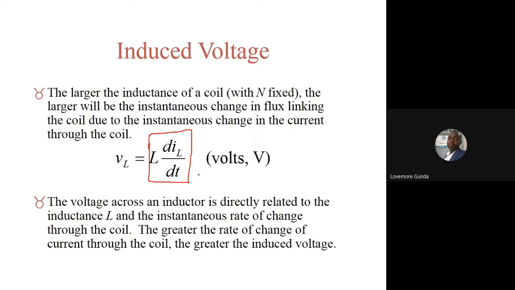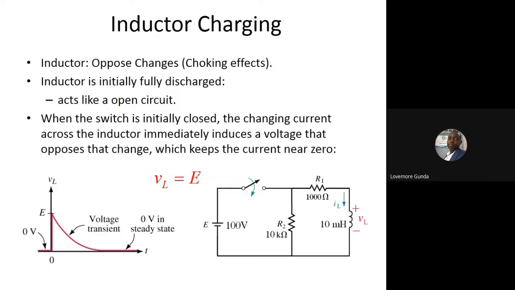So the greater the rate of change of current, the greater the induced voltage. If current changes very fast, the induced voltage is very, very large. Now, when we talk about transients, we have this steady state, the uncharged steady state of our inductor. Then we have the transient period whereby the magnetic field in the inductor is changing.